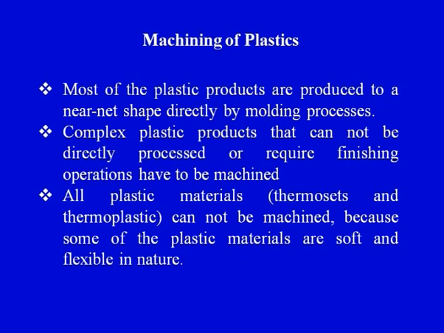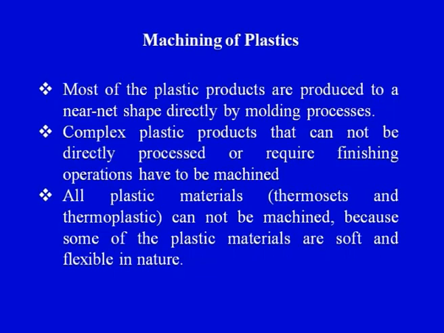So there are issues and challenges which are not similar to the challenges that we see in machining of metals. The machinability of plastics is entirely different from the machinability of metals. So in this particular case, when we have to machine a plastic, the issues and challenges are entirely different.